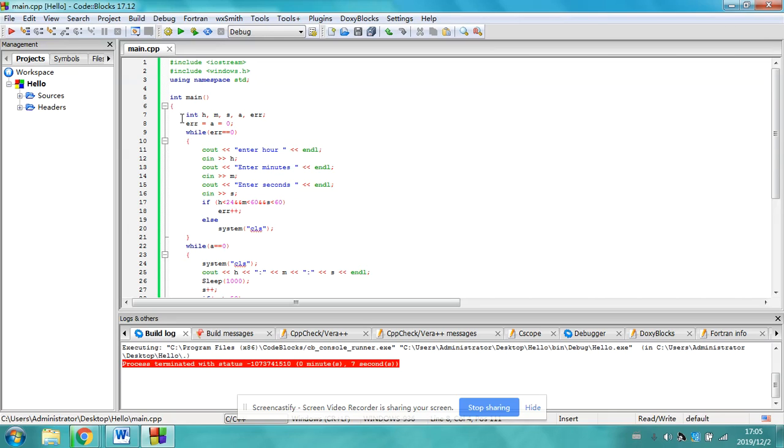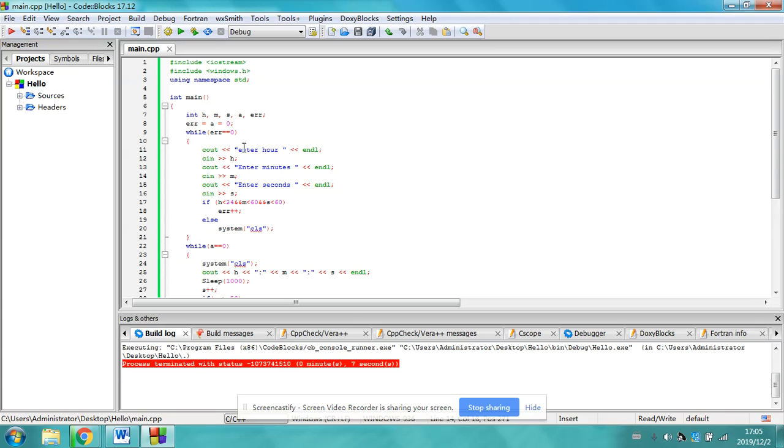Right. So since we have set ERR and A both equal to 0, the next statement we have is while ERR is equal to 0. Well, this is true because we have set it that way. So when that's the case, we're going to have this coming up: cout "enter hour" endl, cin >> H. And this simply means letting the user input a value into the integer H we have.